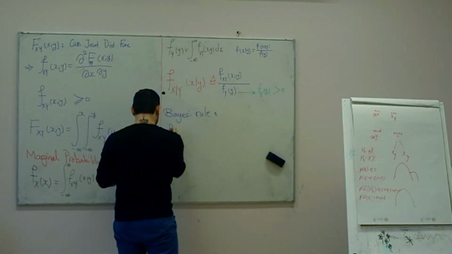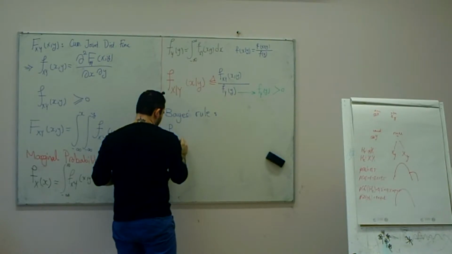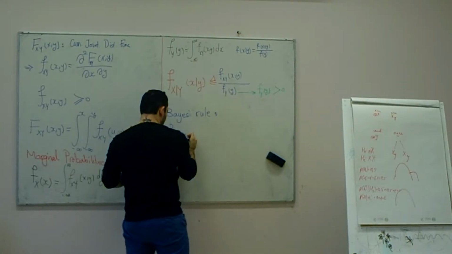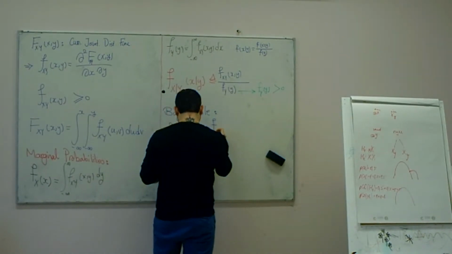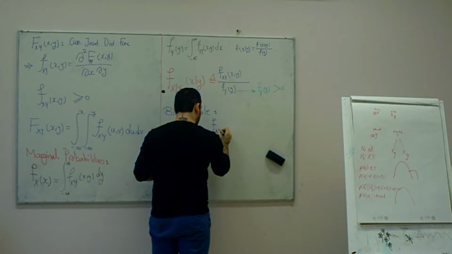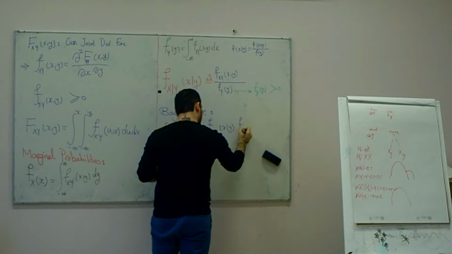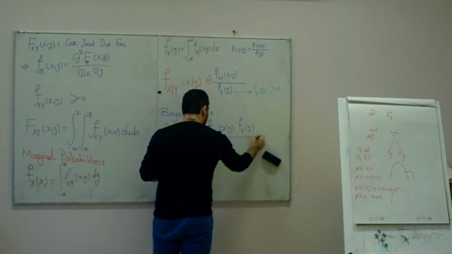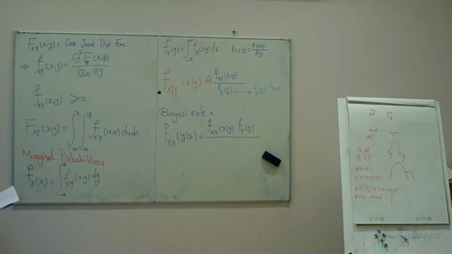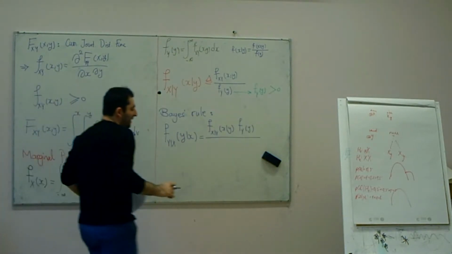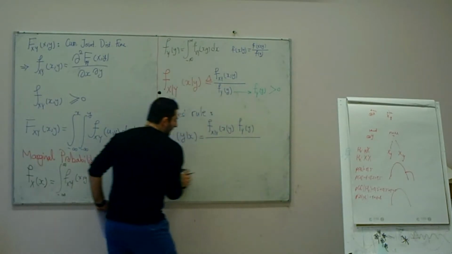And it says f of y given x, of y given x, is f of x given y, of x given y, multiplied by f of y, divided by, in the bottom part, if you remember, we had the summation or the integral of the probabilities.